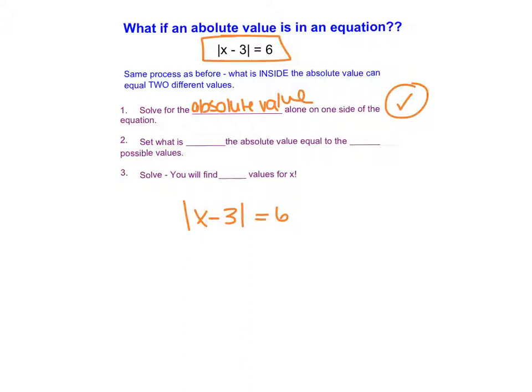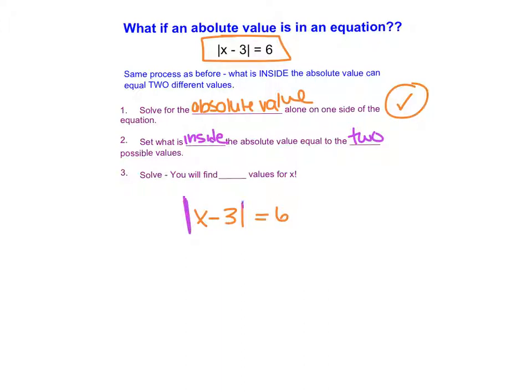Then this is how we're going to break down the prison walls. We're going to break down the prison walls by thinking through step 2 very carefully. So we're going to set what is inside the absolute value equal to its 2 possible values. So here's where we're going to break down the prison walls.